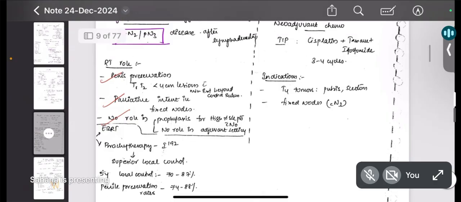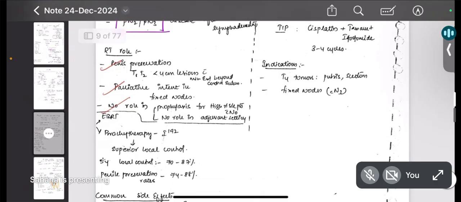So where do you have a role of RT? In curative setting, very superficial lesion less than 4 centimeter without urethral involvement of the primary, you can give RT. Second, in progressive non-responding patients, palliative RT. There is no role in prophylaxis of high risk N0.